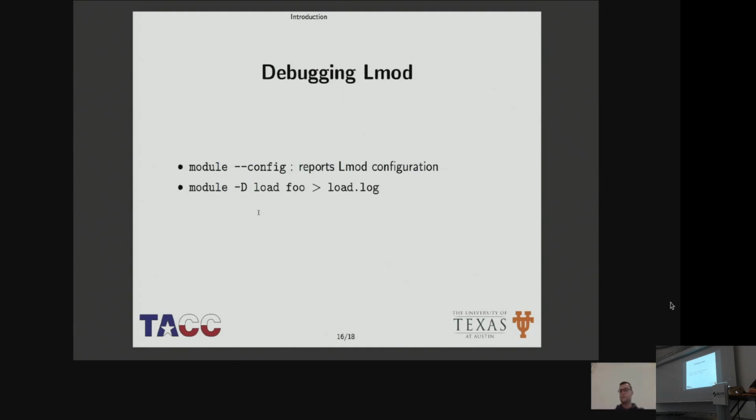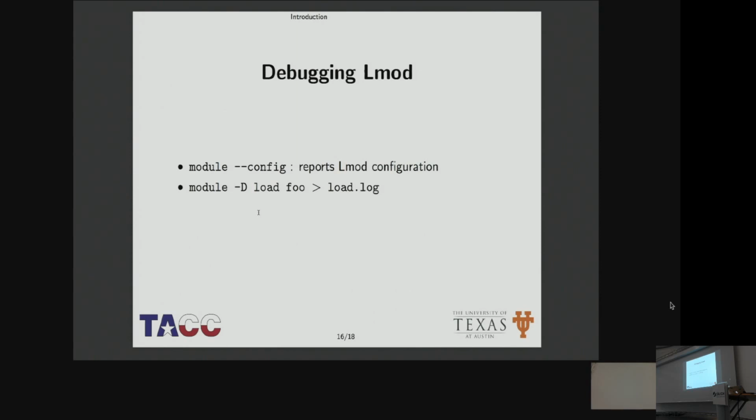You can run module --config to report the Lmod configuration, because Lmod has many configuration variables or configuration states, so knowing the configuration state can be useful. Even at a site, they can say how I've installed things or where the cache file is and all that kind of stuff.